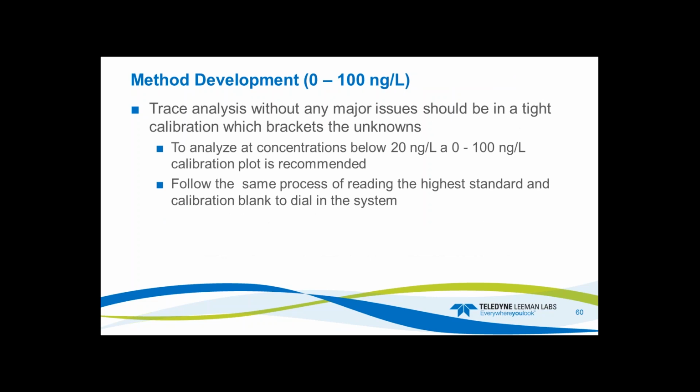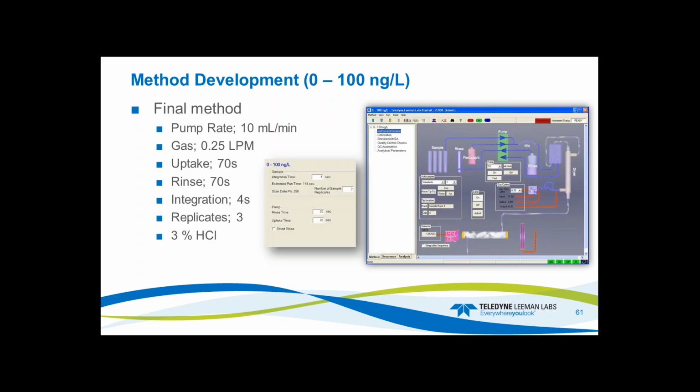And when doing trace mode, you should have a tight calibration which brackets the unknown. And to analyze concentrations below 20 nanograms per liter, I do recommend the calibration of 0 to 100 nanograms per liter. It's highly recommended. So follow the same process that we did in the previous one of 0 to 1,000 to dial in the system.